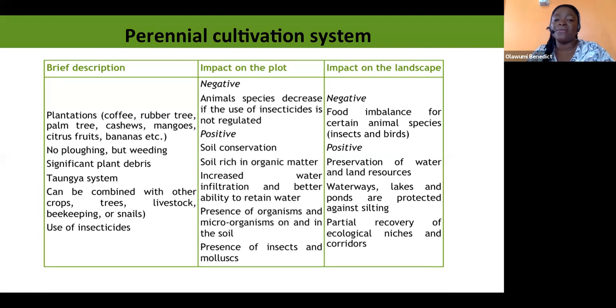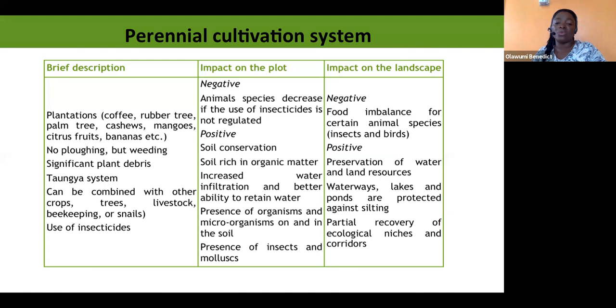The positive impact is that there's soil conservation because we are planting trees. Then the soils are rich in organic matter because decomposition is happening. As the leaves fall, we allow them to decompose naturally and enrich our soil.